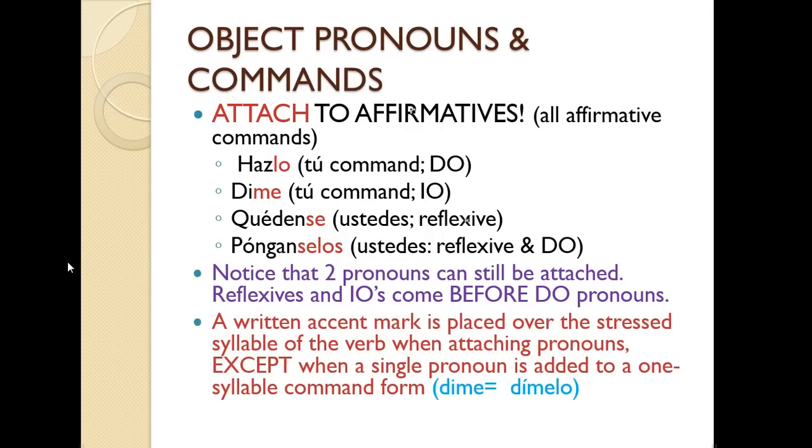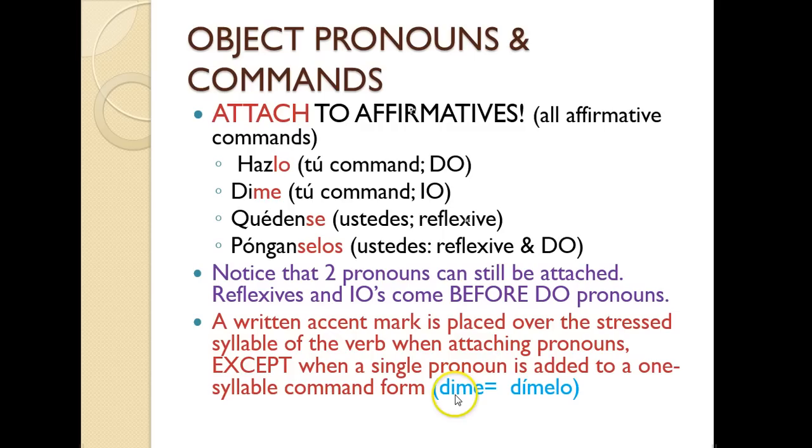And written accent marks are placed over the stressed syllable of the verb when you attach pronouns. Keep in mind that when you are attaching other pronouns, you are changing the syllables of the actual verb. So you're going to be adding a written accent mark for your new stressed syllable, except when you have a single pronoun that's added to a one-syllable command form.